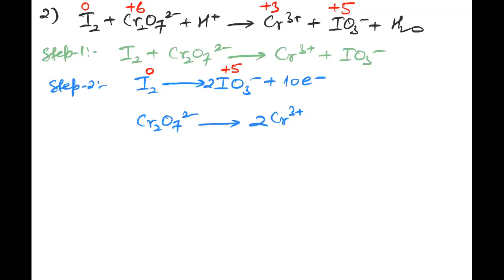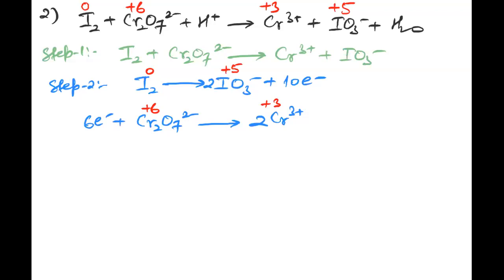Similarly, chromium oxidation number is +6 here, and +3 here. So on the left hand side chromium is +12, and on the product side it is +6, so you have to add 6 electrons here. So I2 is converting to IO3 minus by the loss of 10 electrons, and dichromate ion can gain 6 electrons. It will convert into 2 chromium 3 plus.